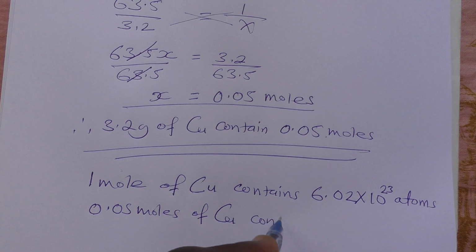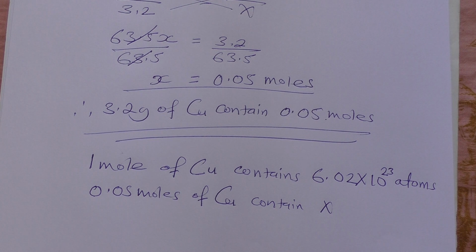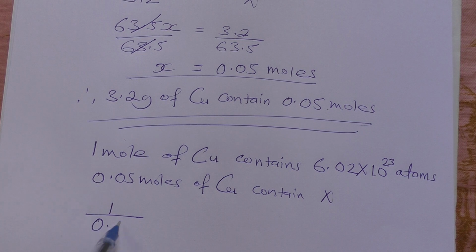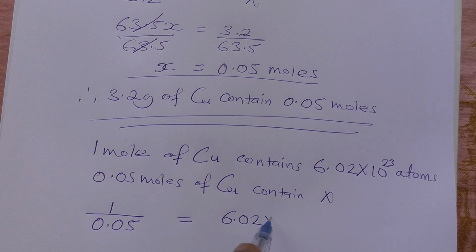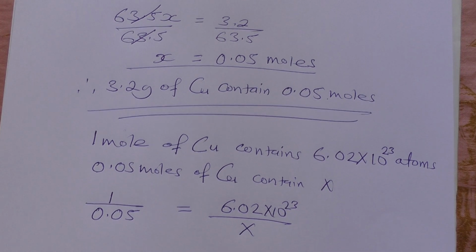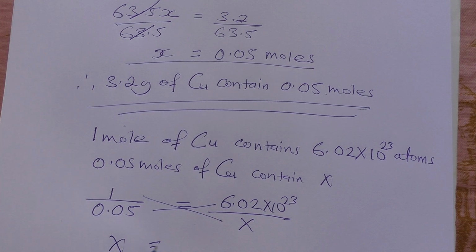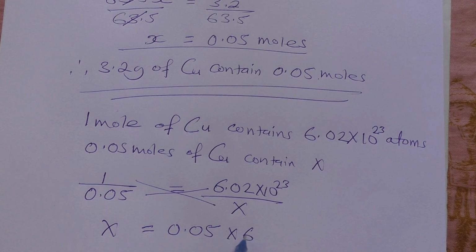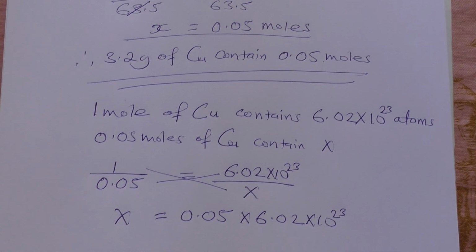These ones contain X. Still, we can find the number of atoms by taking ratios. This is 1 over 0.05 equaling 6.02 exponent 23 over X. When we cross multiply, we end up with X equaling 0.05 times 6.02 exponent 23.